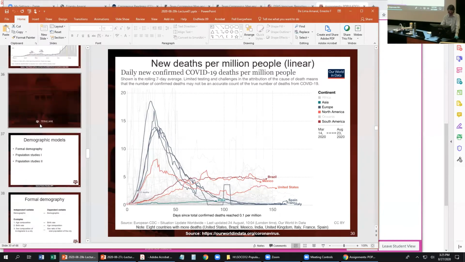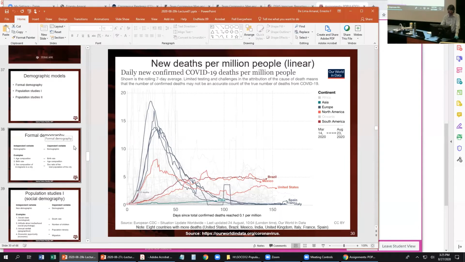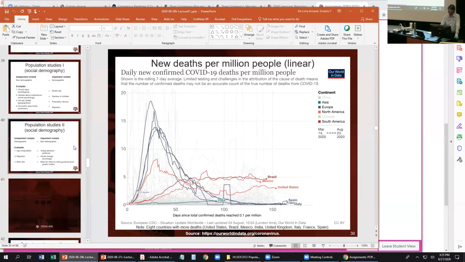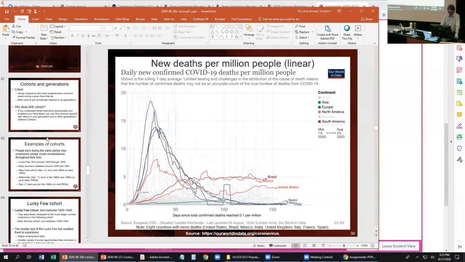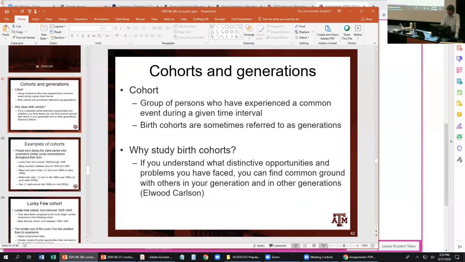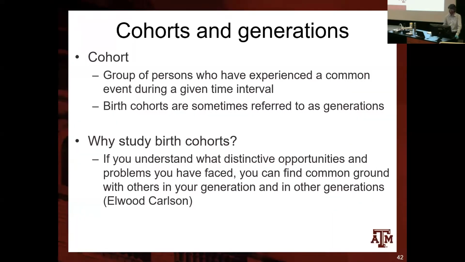We talked in the previous class about demographic models, the difference between social demography and formal demography, and then we stopped here talking about cohorts and generations. I mentioned that cohorts are a group of people that experienced a common event during a given time period.